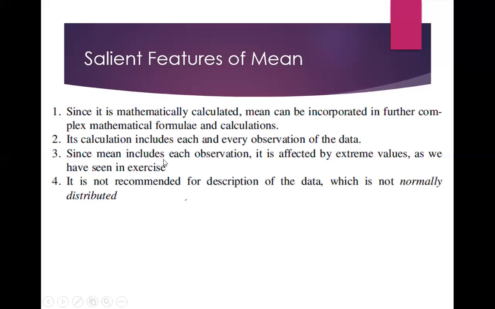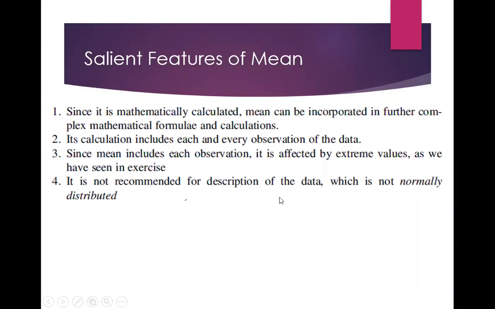The disadvantage of this feature is that since mean includes each observation, it is affected by extreme values. So if there are extreme values, the mean is tilted toward those extreme values. If there is an extreme value on the higher side, the mean will shift to the higher side. If there is an extreme value on the lower side, mean will shift to the lower side.